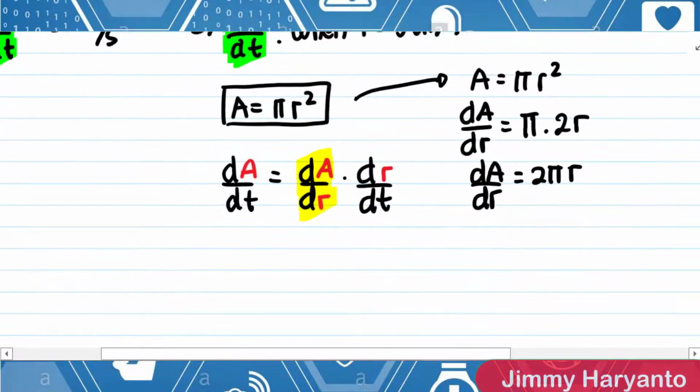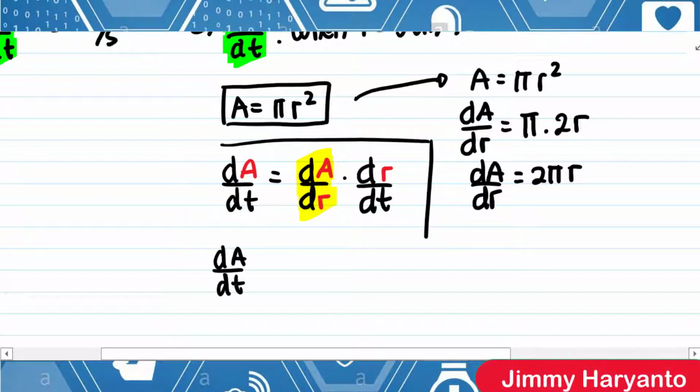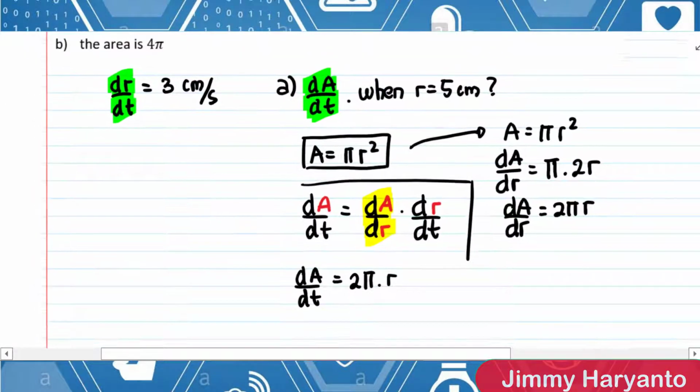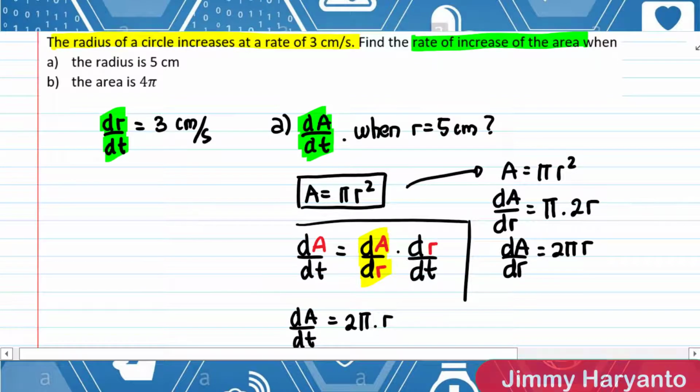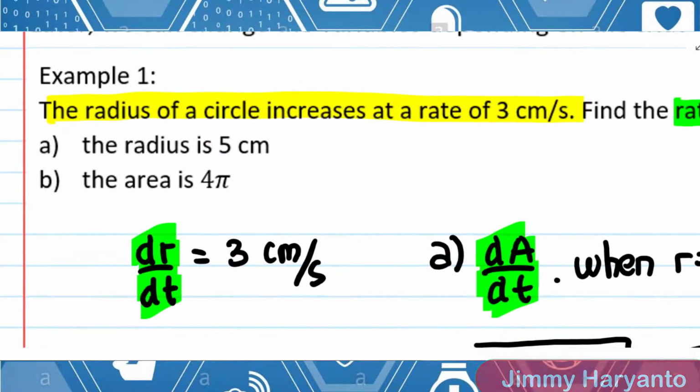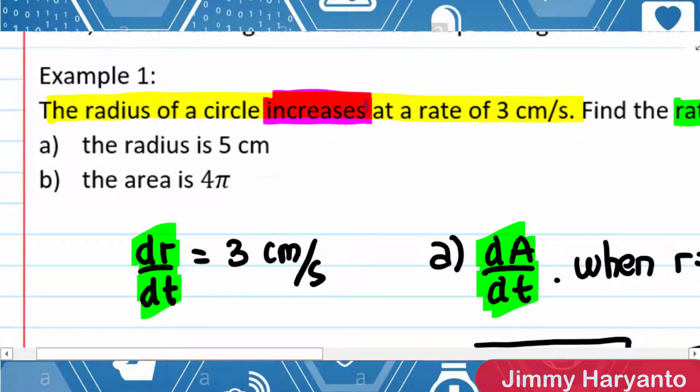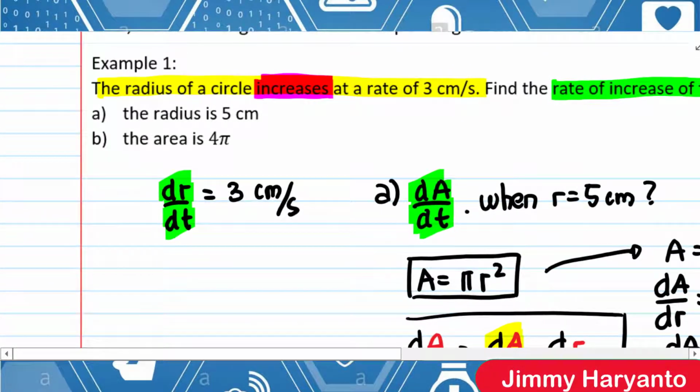Okay, let's put it into the formula. Now you already have dA over dr. You can change dA over dr into 2 pi r, and then dr over dt, which is 3 centimeters per second. Take a look at this sentence one more time. Increases means it's positive.